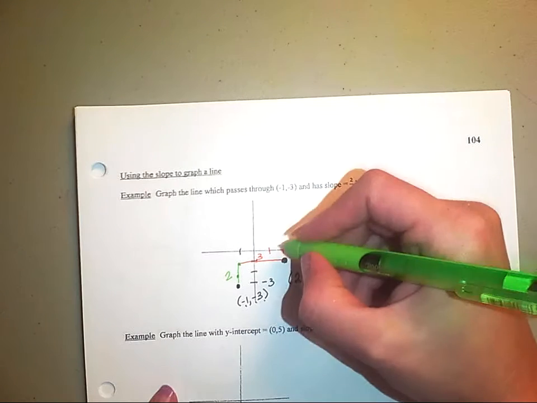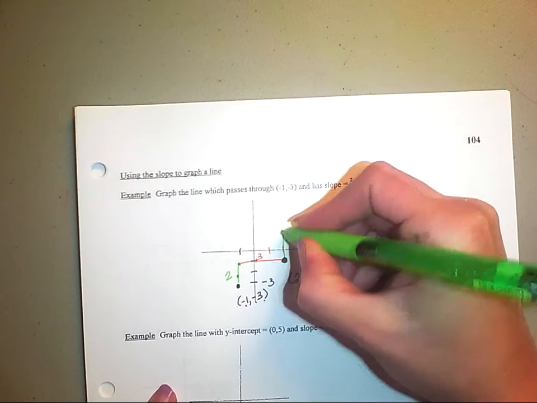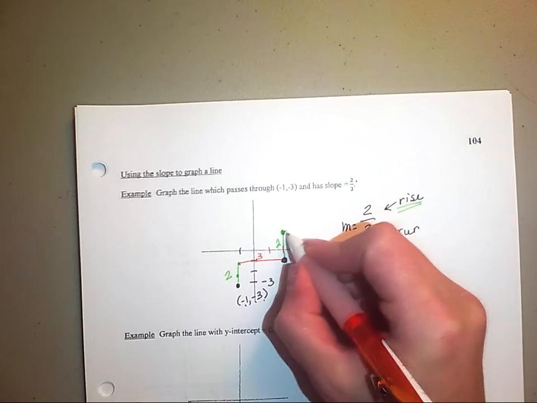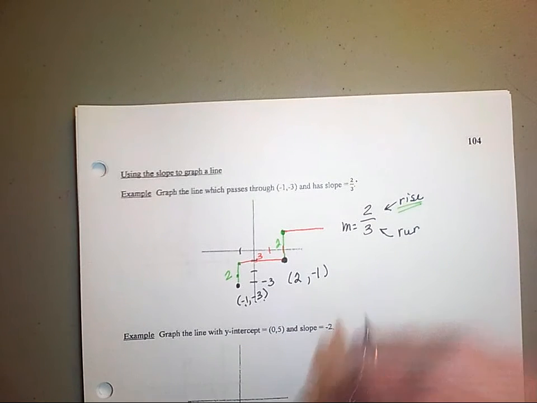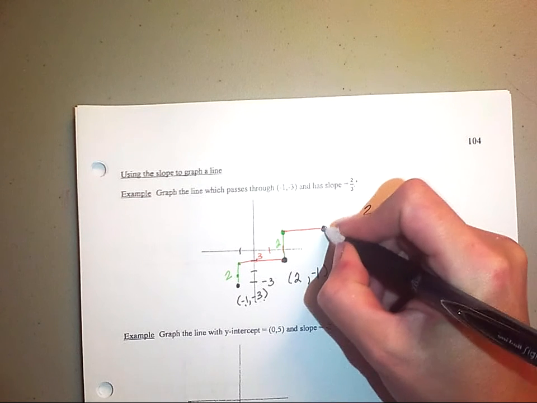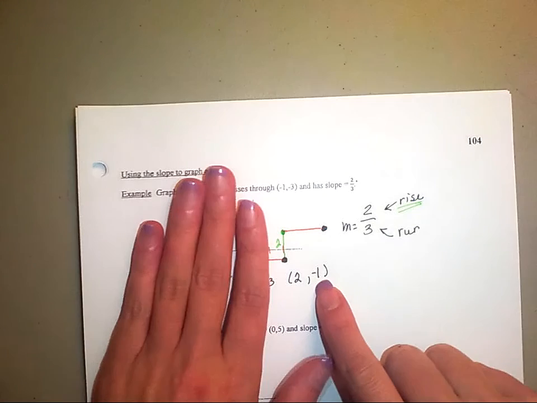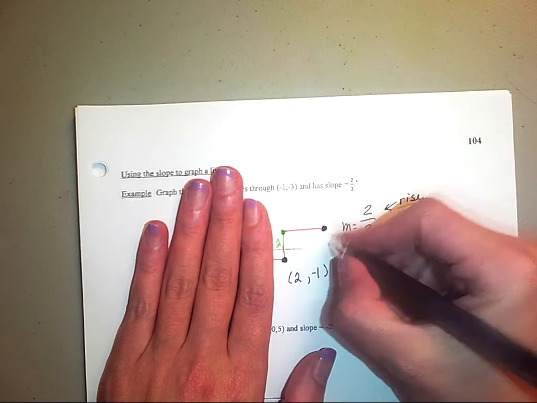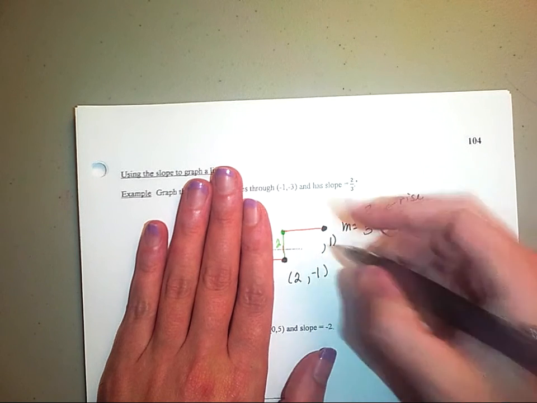Let's do it again. I could rise another 2 and then come over 3 units, and this would be the point. So where are we at? From here, the y value rose 2 units, so instead of being at -1, it's at +1. 2 minus 1 is 1.